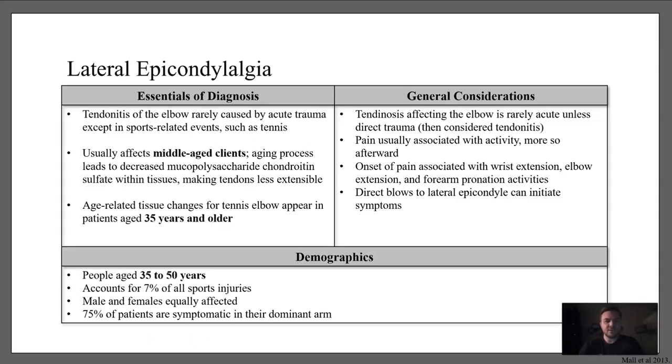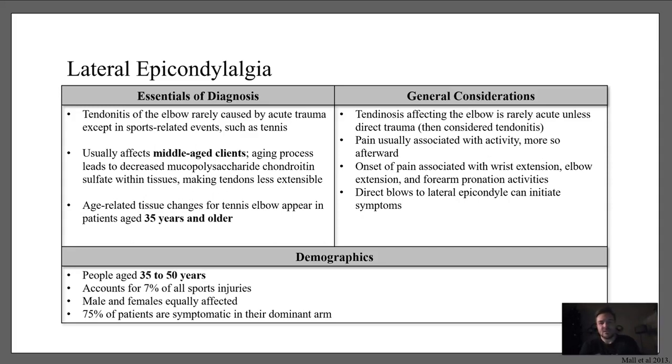So essentials for diagnosis here. If you get somebody that comes into your clinic with lateral elbow pain on their dominant arm with activity, that's middle-aged and is tender to palpation, you can pretty much guarantee it's lateral epicondylalgia.